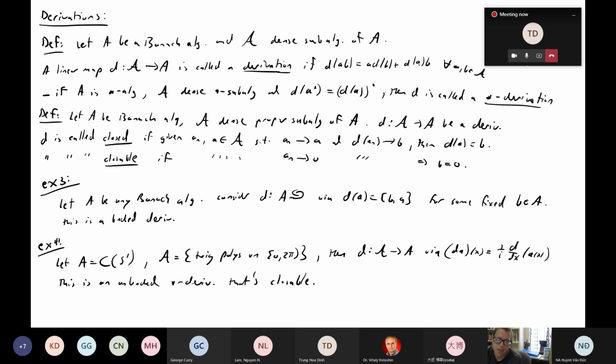And if you think about functional analysis courses, the derivative is one of the go-to examples for unbounded things. It's closable with particular domains. To make it a star derivation, this is why we have the 1 over i. You could have equivalently put minus i as well, to satisfy the star relation. Okay.